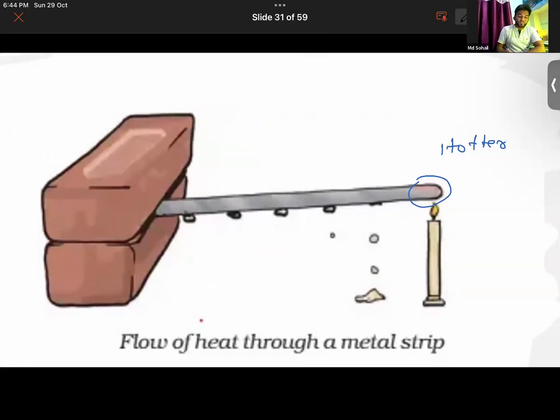this metal strip must be made up of atoms, right? Do you know what atoms are? Simply the fundamental and structural unit present in an element, the tiniest particle of any element, that is basically called an atom.